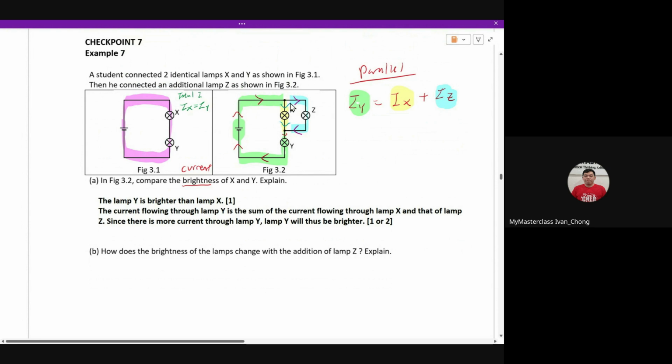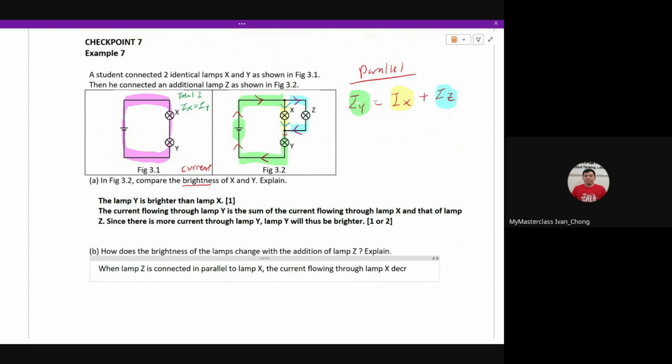But when you add Z, when lamp Z is connected in parallel to lamp X, the current flowing through lamp X decreases.